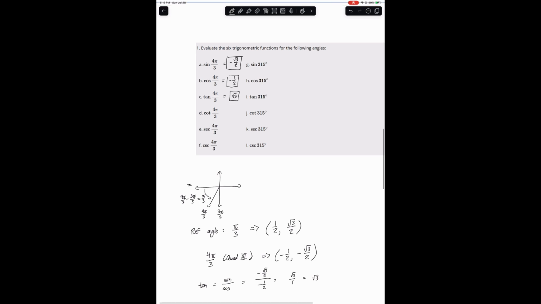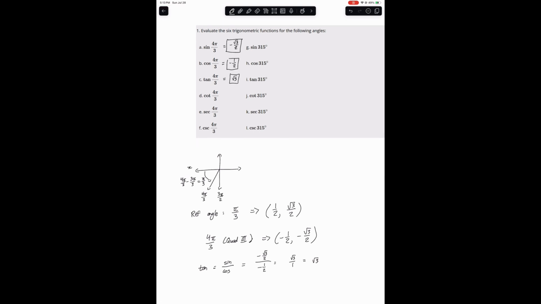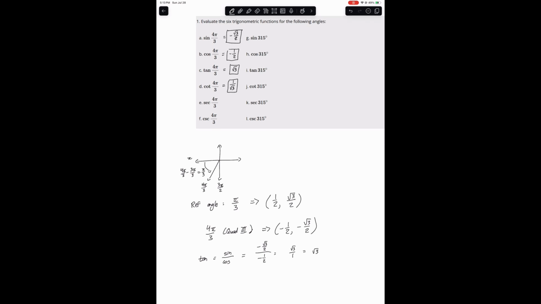Okay. Cotangent is the inverse of tangent, so you get 1 over √3. Or you can rationalize that if you want, and you'll get √3 over 3 for cotangent.